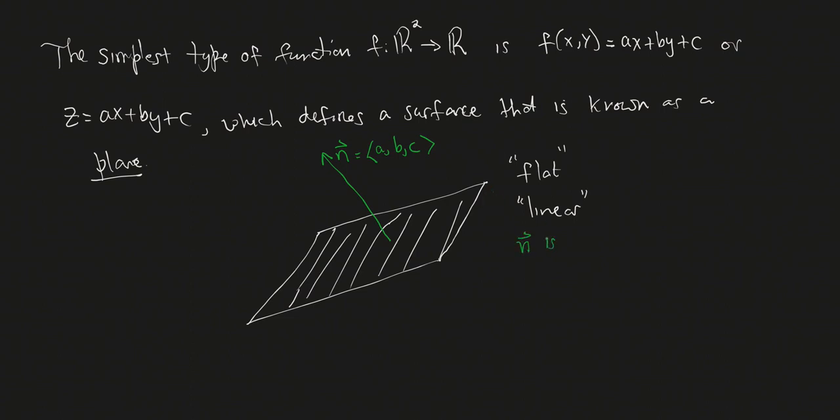Actually, I should say n is called a normal vector of the plane. The reason why we say it's a normal vector and not the normal vector is because once you have one normal vector, you technically have infinitely many, because any non-zero scalar multiple of this green vector will still be normal or orthogonal to the plane.